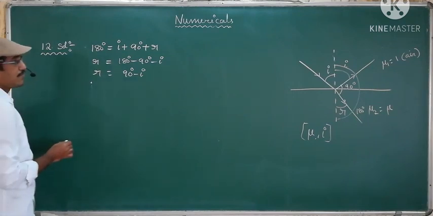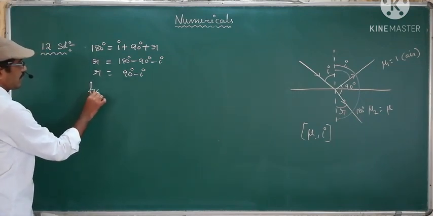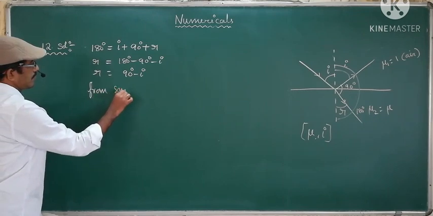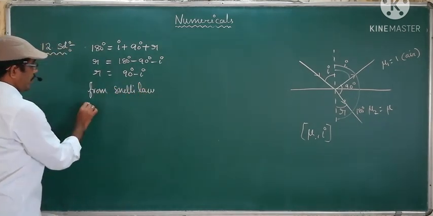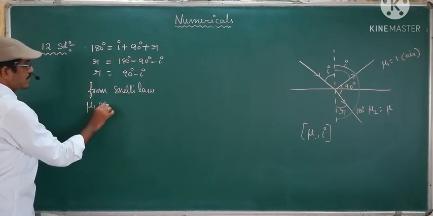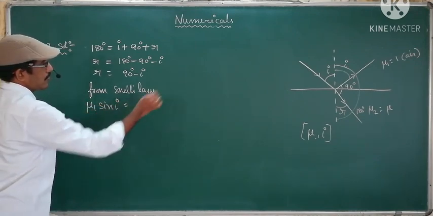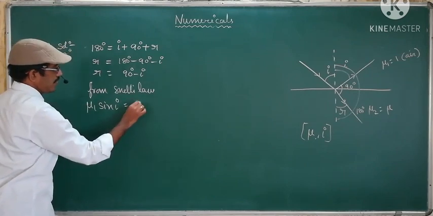Apply Snell's law. From Snell's law, mu1 sin I is equal to mu2 sin R, first medium over second medium.